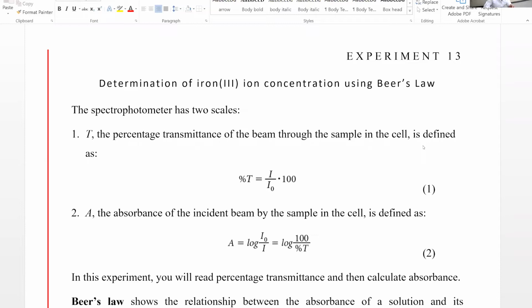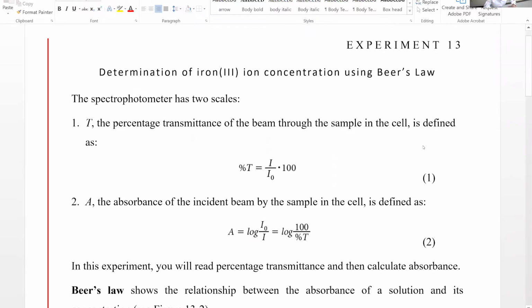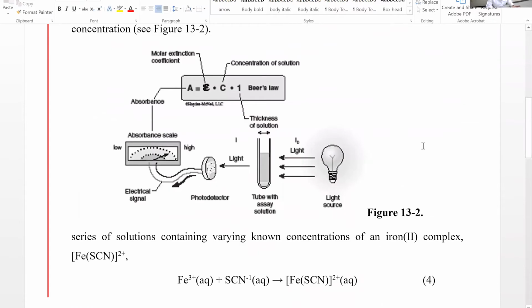So we are using the Spec 20 to perform the experiment, and it is based on the absorption of light. When you shine light through the sample, some of the light is going to be absorbed by the sample, and some of the light is going to pass through.